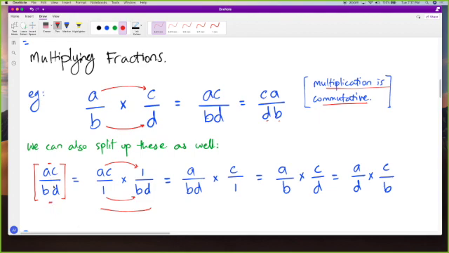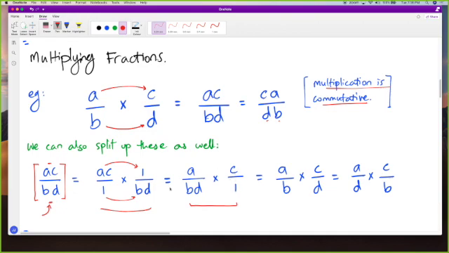So with multiplication, I could split things up all kinds of ways as long as I get back this same answer. Right? So look at the second way, where I could just say A over BD is multiplied by C over 1. A over BD multiplied by C over 1.